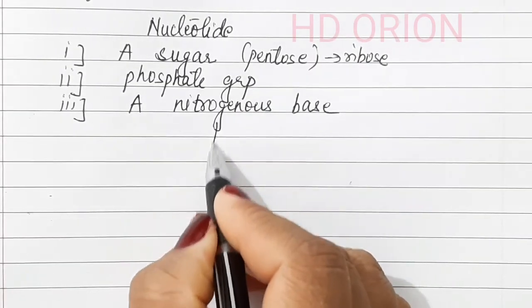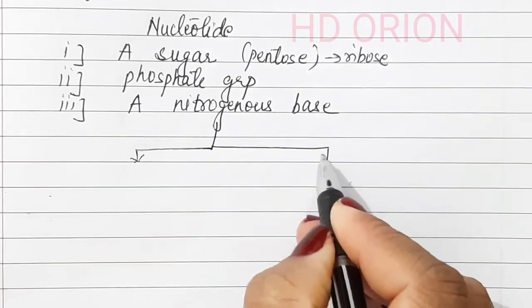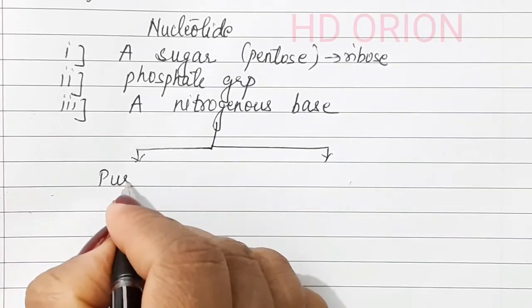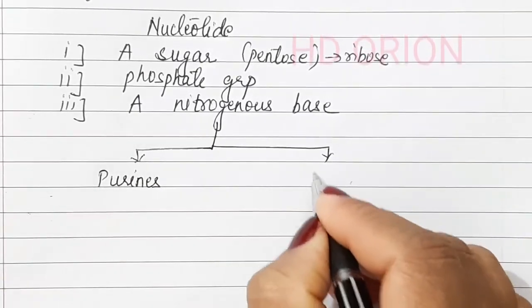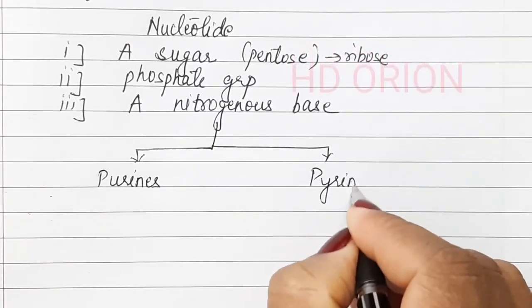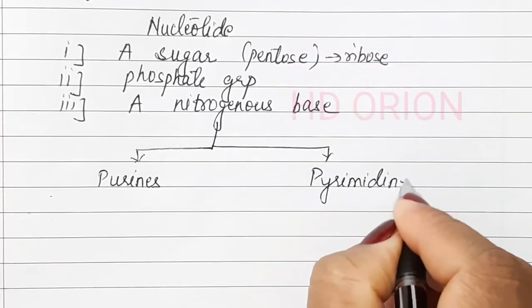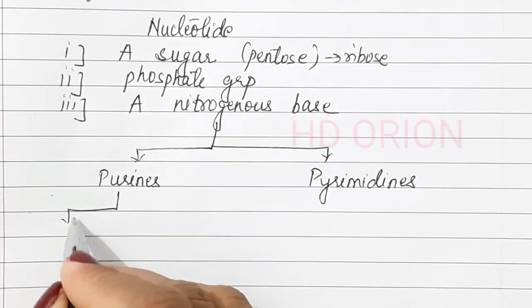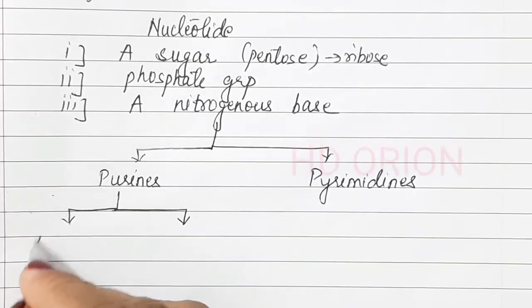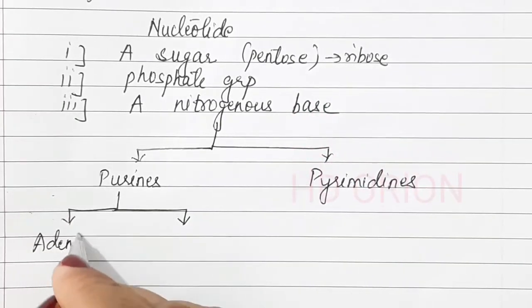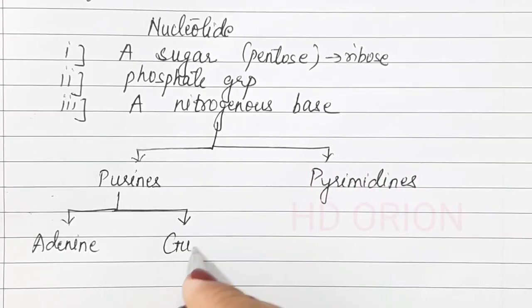Nitrogenous bases are of two types: purines and pyrimidines. Purines are further of two types: adenine, guanine.